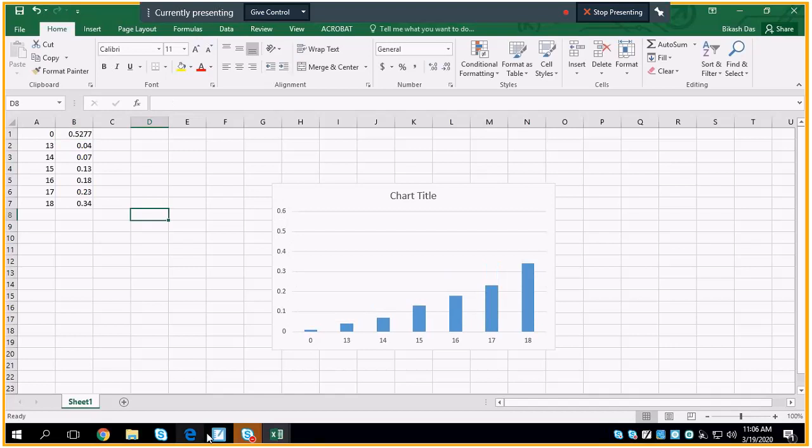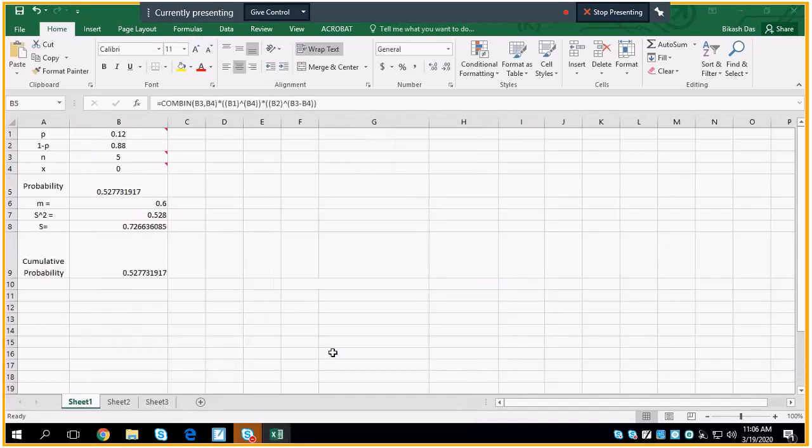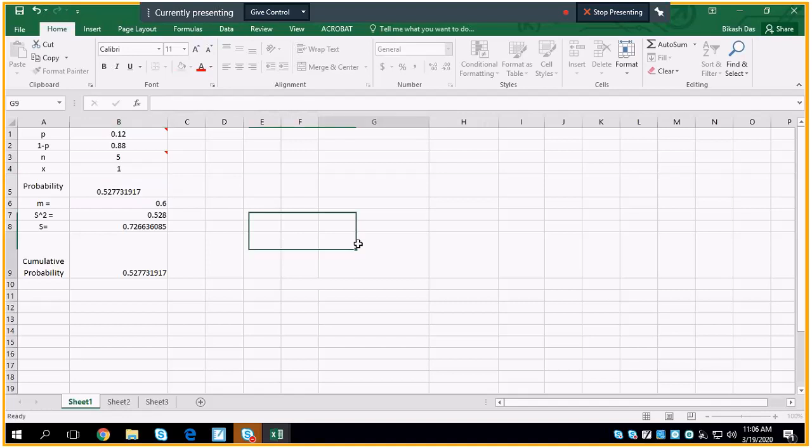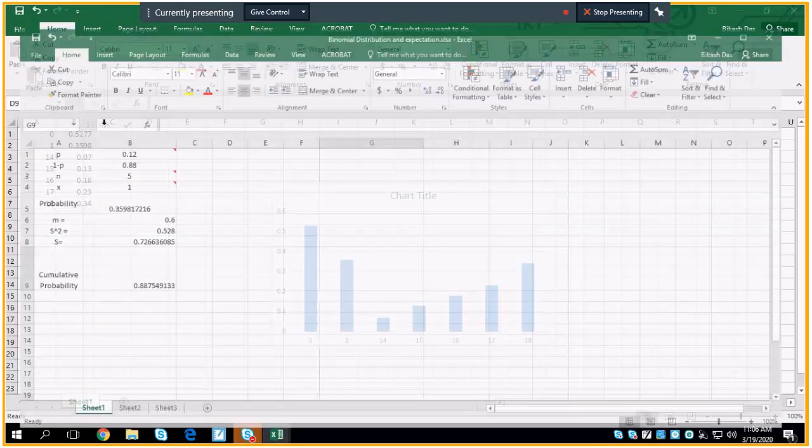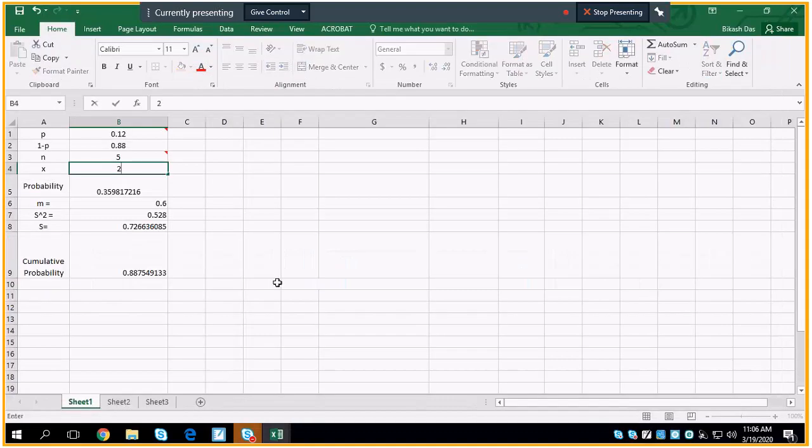The other possible value is 1. I can find only one woman with depressive disorder. Probability is 0.3598. So random variable is 1, probability is 0.3598. The next one, random variable value could be 2. 2 women out of the 5 are suffering from depressive disorder. Probability is 0.0981.